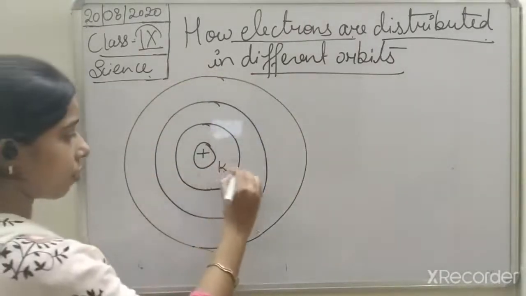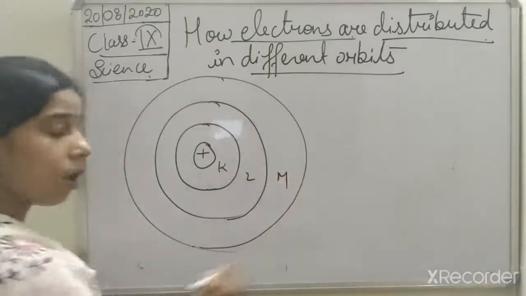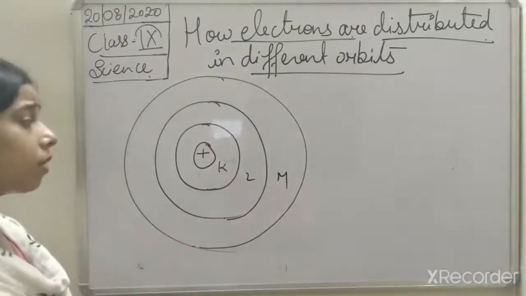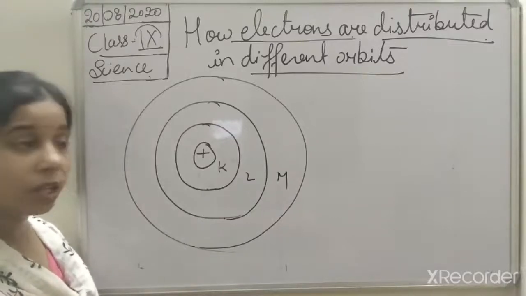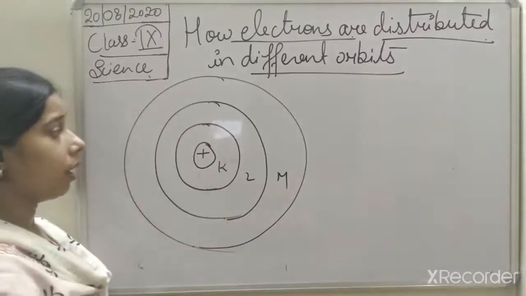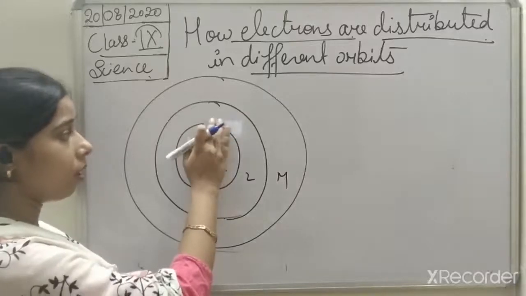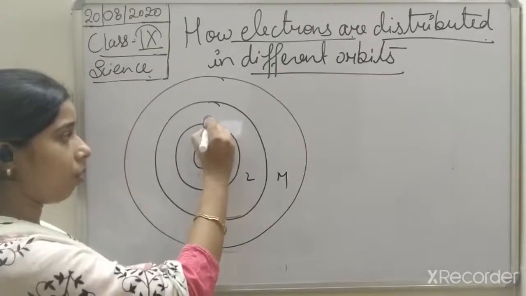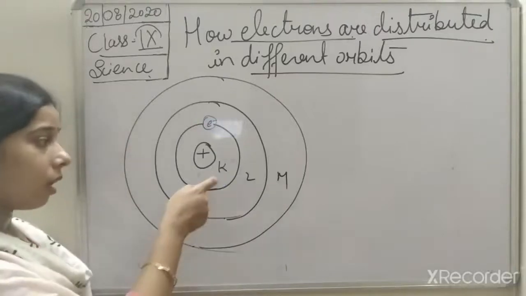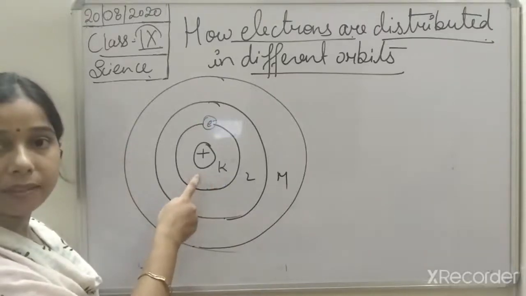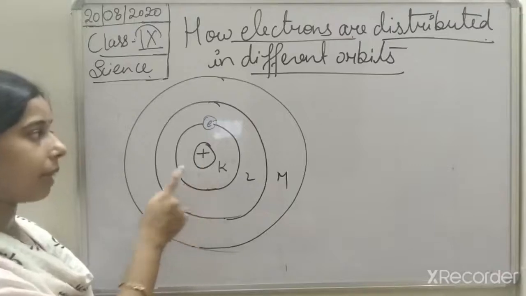Okay, this is the K shell, this is the L shell, and this is the M shell. So if an electron has less energy, it will be present near the K shell. Why is this so? Because K is the shell which is nearest to the nucleus. So it will be present at the K shell.